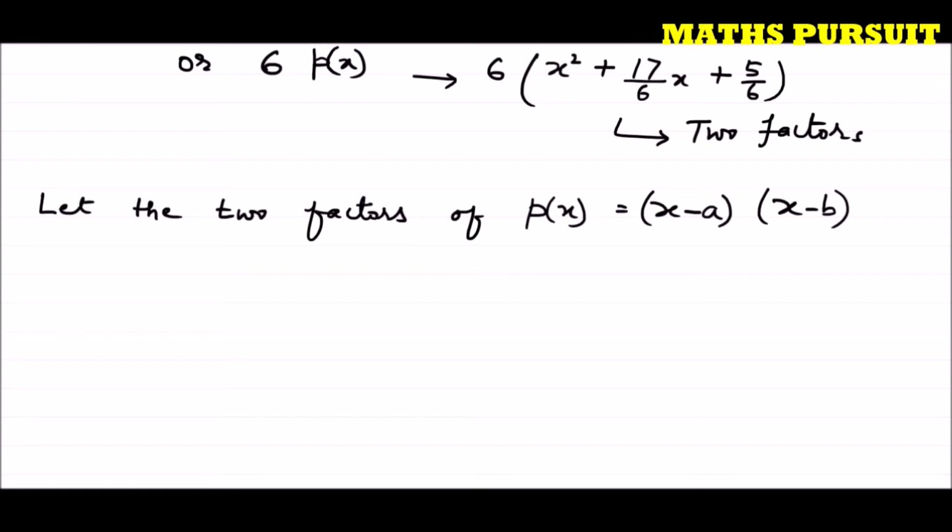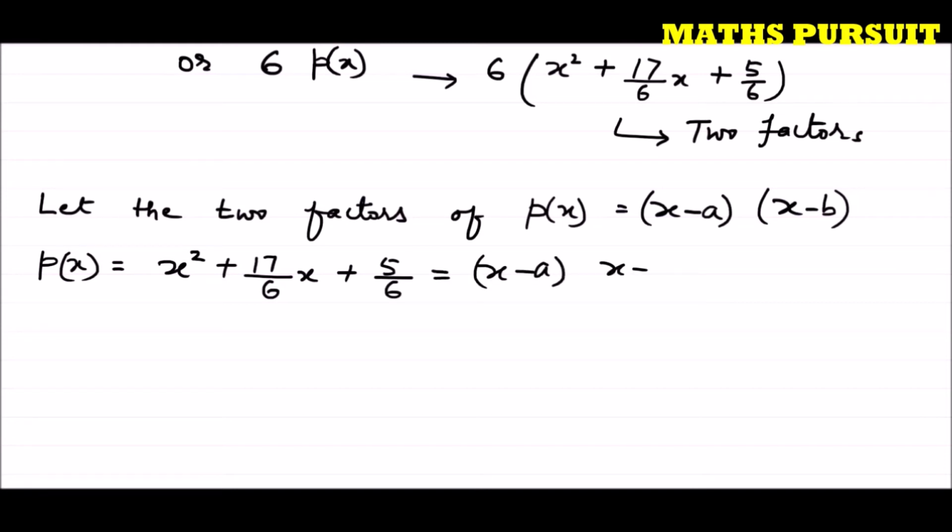Or in other words, I can write px. Let us keep the 6 aside for some time. So I can write px is equal to x to the power 2 plus 17 upon 6x plus 5 upon 6 is equal to x minus a and x minus b, because we have assumed the 2 factors of px to be x minus a and x minus b.